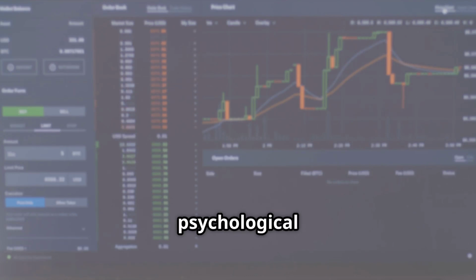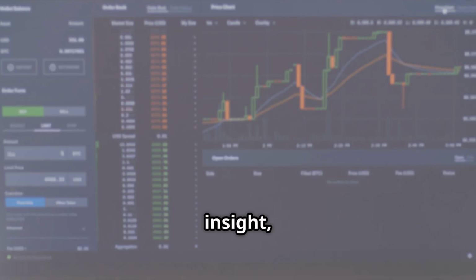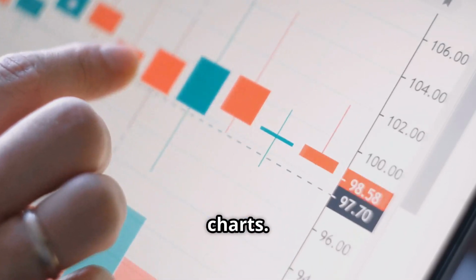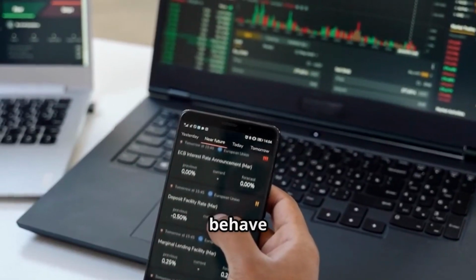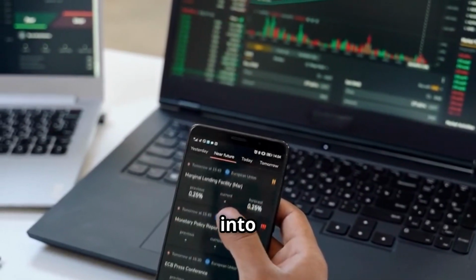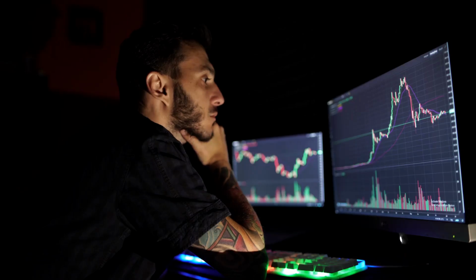Recognizing psychological levels equips you with deeper market insight, turning apparent randomness into predictable patterns. Pay attention to round numbers on your charts. Observe how prices behave around these levels and incorporate this awareness into your trading strategy.